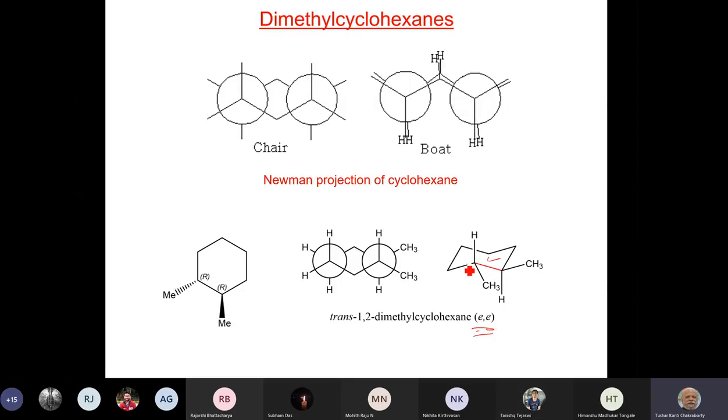If you look from this side, then you can see this is the carbon here, the hydrogen is up, and the methyl is equatorial. The second methyl, which is behind, is also equatorial, so this is one Gauche interaction. All these interactions, Gauche interaction or diaxial interaction, you can also see very clearly from the Newman projection.